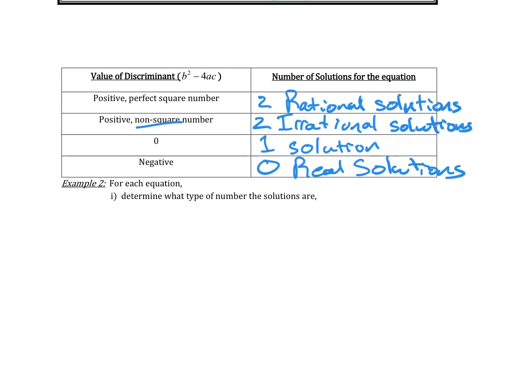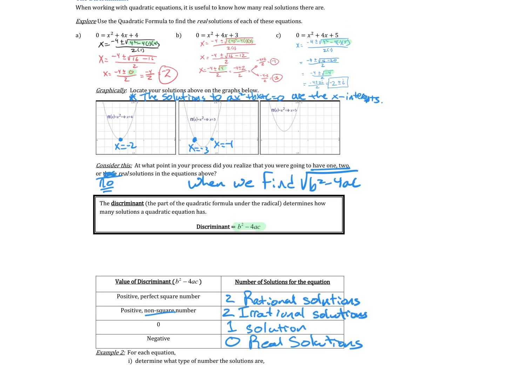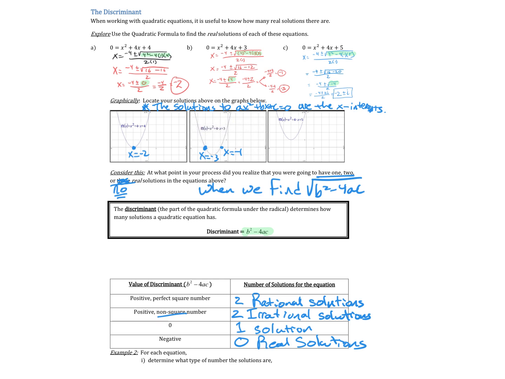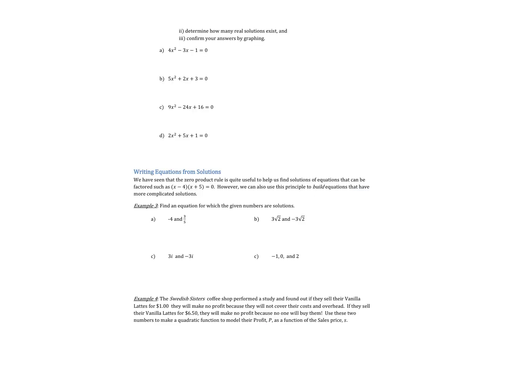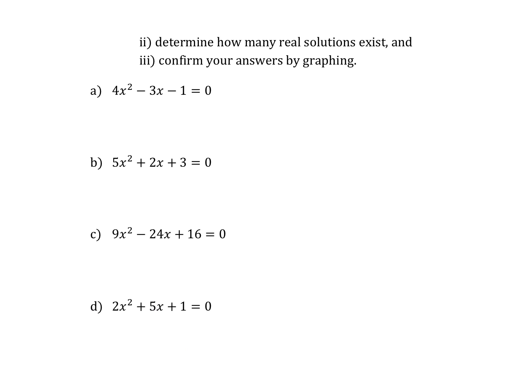So let's look at some equations real quick and determine how many real solutions there are. You don't have to solve the whole equation to know how many solutions there are. All we need is the discriminant, b squared minus 4ac. That's the thing under the radical. So in this case, that's -3 squared minus 4 times 4 times -1.